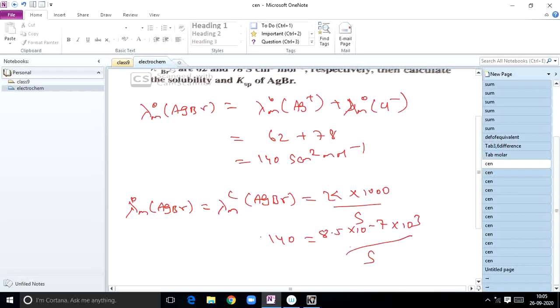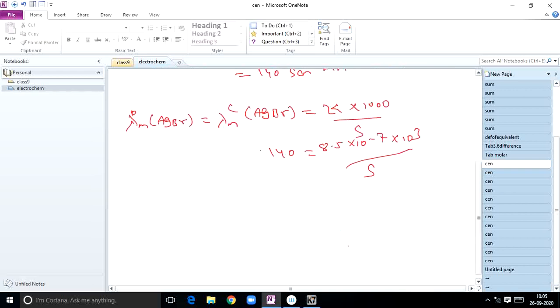You will get the S value. So from this, the S value, solubility, is equal to 8.5 into 10 power minus 7 into 10 cube by 140. So solve this one. Here you will get the answer in mole per liter. So solve this.